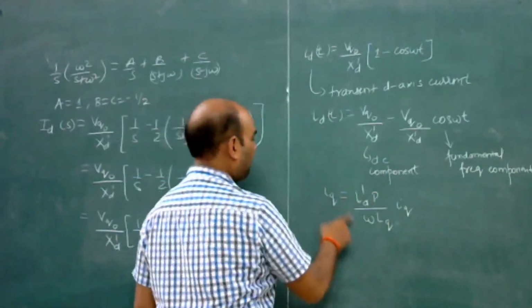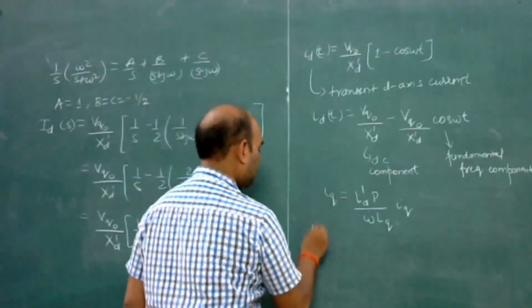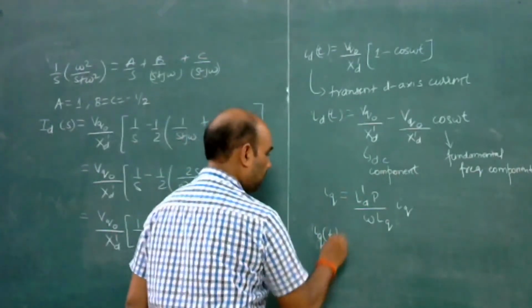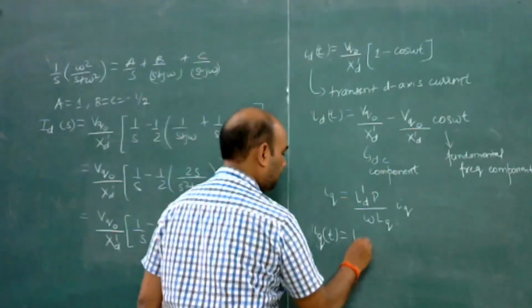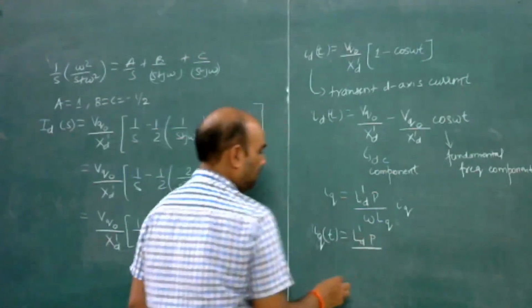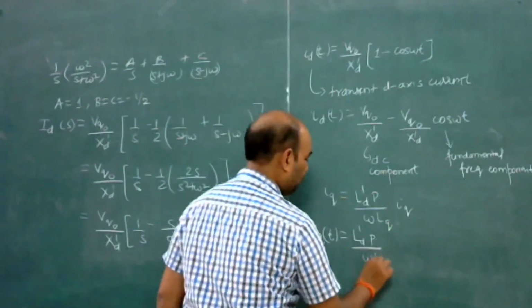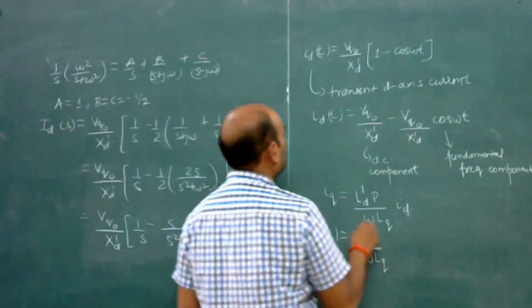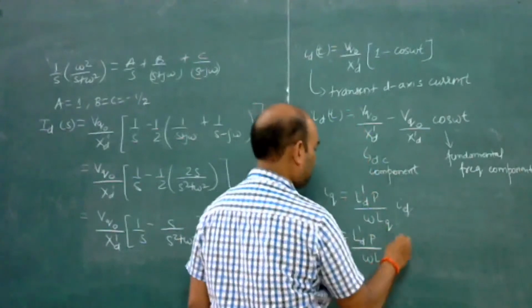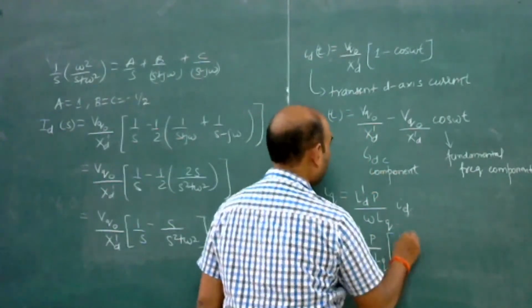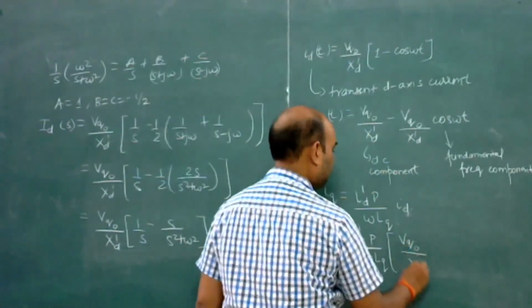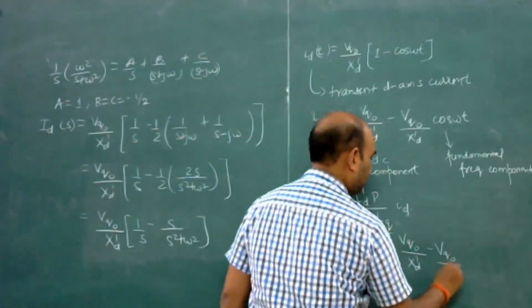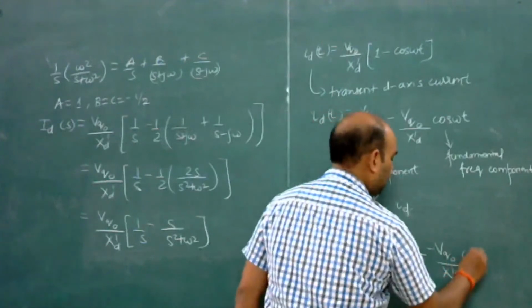Substitute the value of ID as a function of time. So this is LD dash P upon omega LQ times ID, and ID is equal to VQ naught divided by XD dash minus VQ naught divided by XD dash cos omega t.